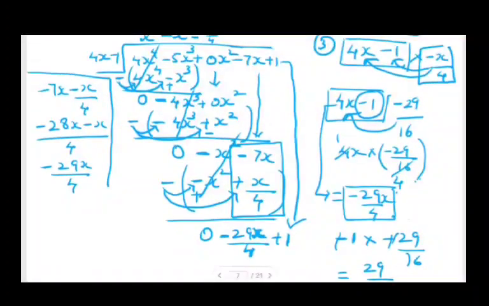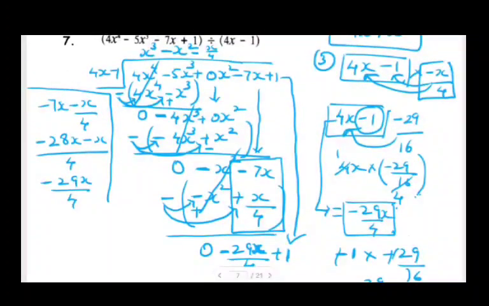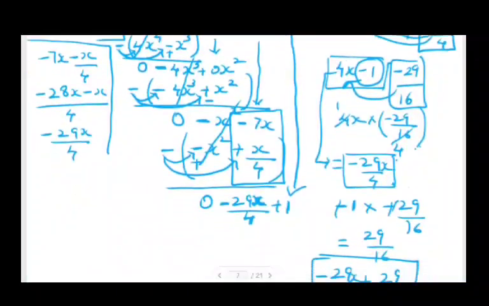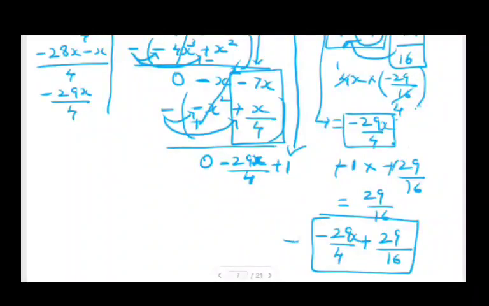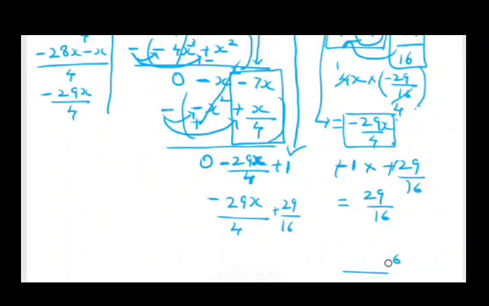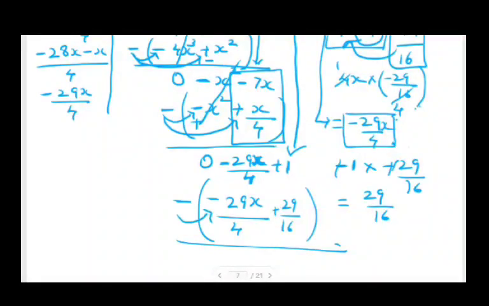What goes in as a quotient is minus 29 upon 16, and here as my working goes minus 29x upon 4 plus 29 upon 16, right? Negative sign applies to the entire equation, so this becomes plus, gone.